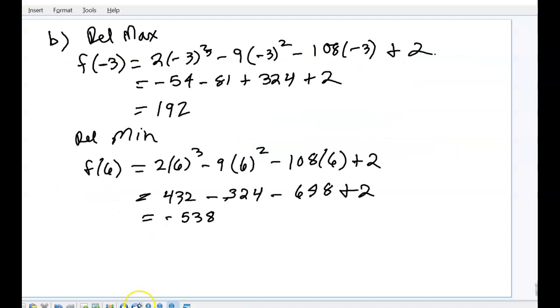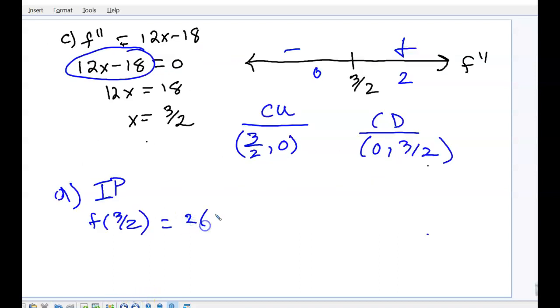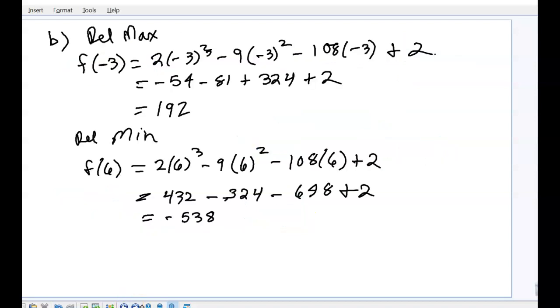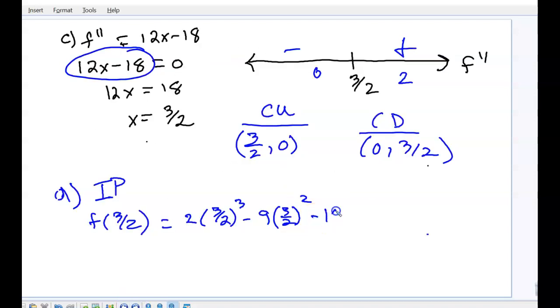So it's going to be 2 times 3 over 2 cubed minus 9 times 3 over 2 squared minus 108 times 3 over 2 plus 2.